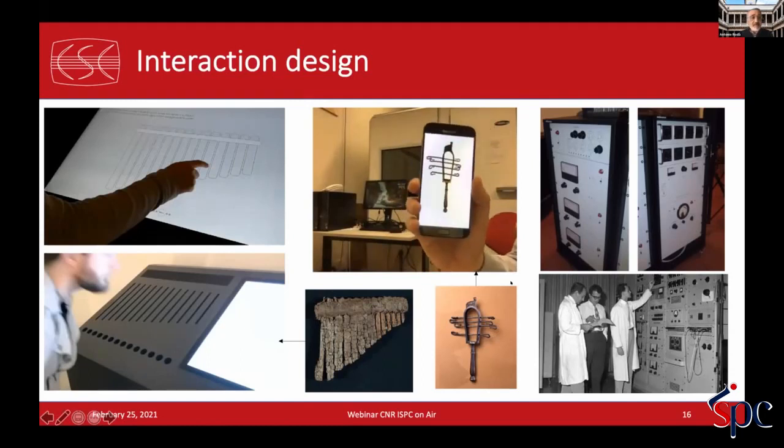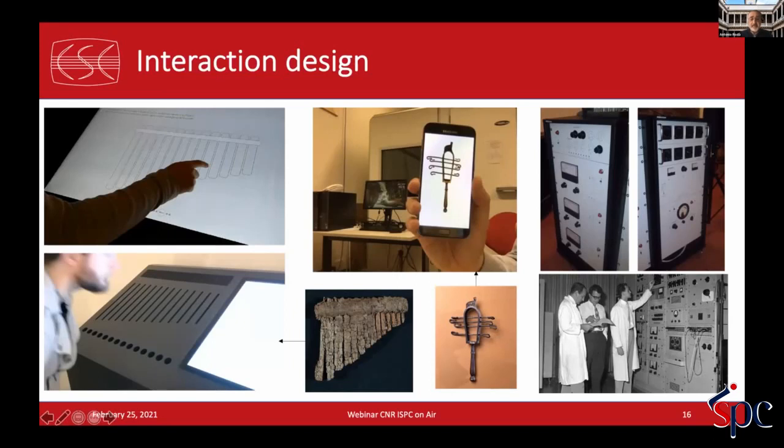In conclusion, the problem of giving voice again to disappeared instruments is not only related to ancient musical instruments. Here in the right part of the slide, you can see some pictures related to the Studio di Fonologia of Milan, one of the first electronic music instruments. Here we are in the 50s, and the man in this picture is the composer Luciano Berio.